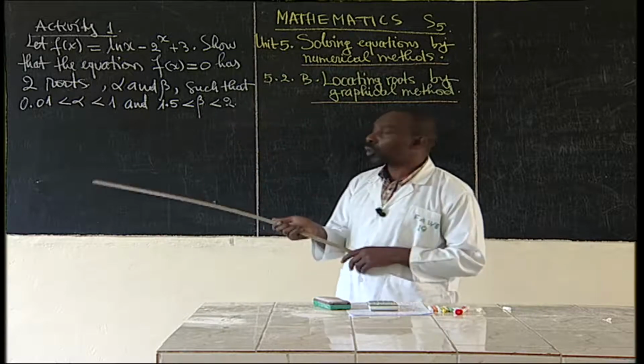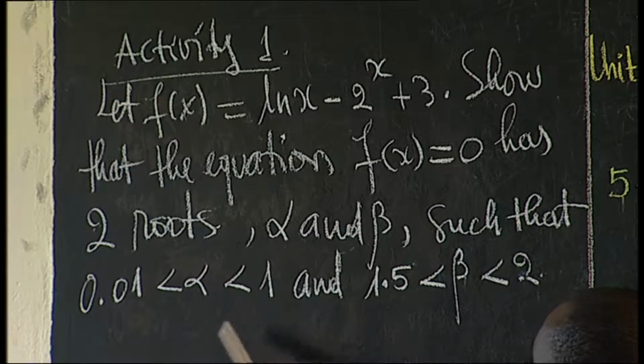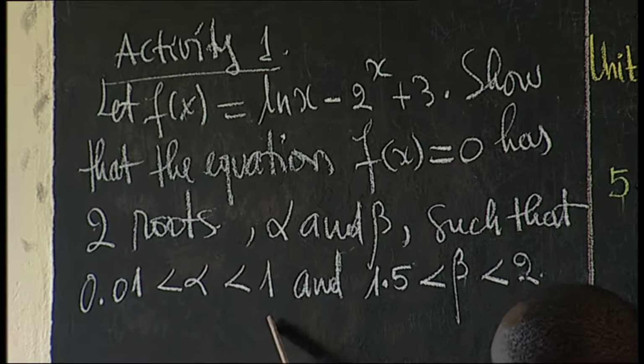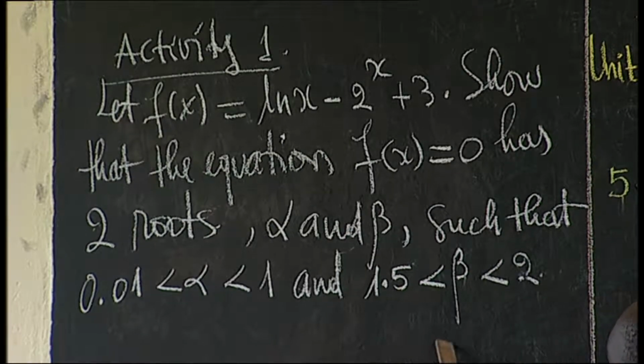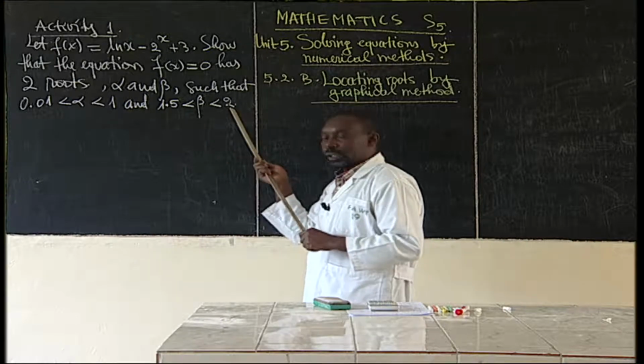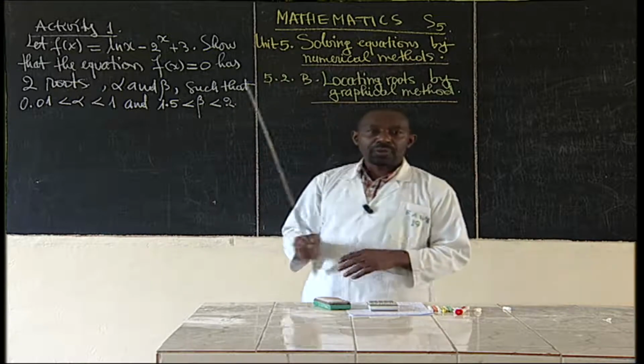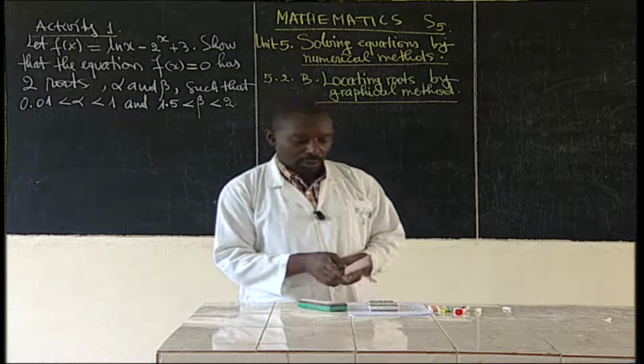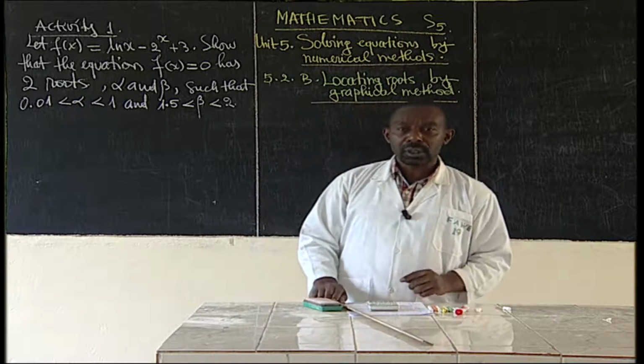Means that you have to show that there is a root between 0.01 and 1, also another root between 1.5 and 2. I'll give you just a minute to finish that activity.